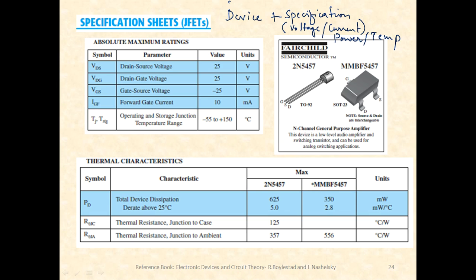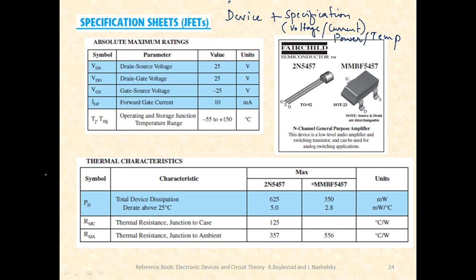So all this information will be provided in the specification sheet. Just like whenever you purchase a new cell phone, along with the cell phone you will be getting a charger, plus a specification sheet also, wherein most of the information regarding the noise level, voltage and so on will be mentioned.